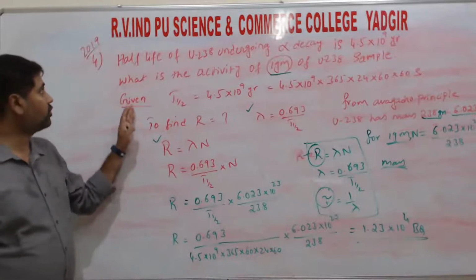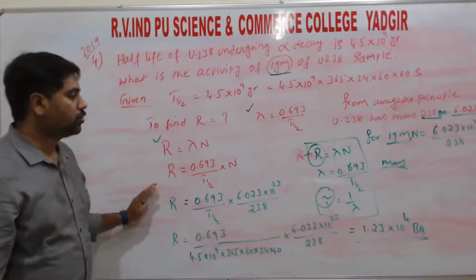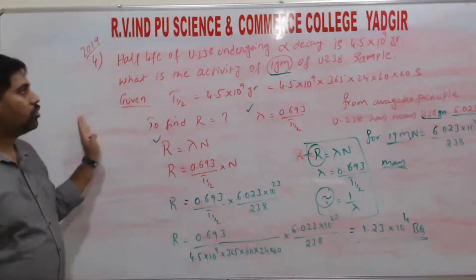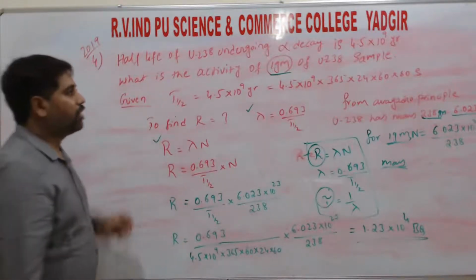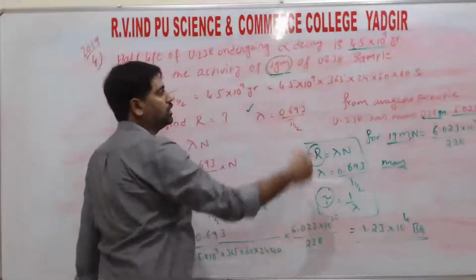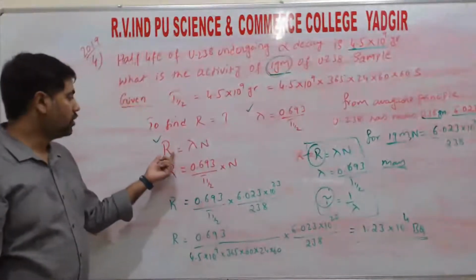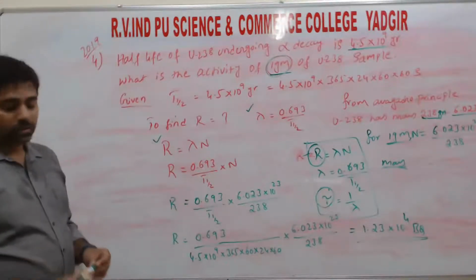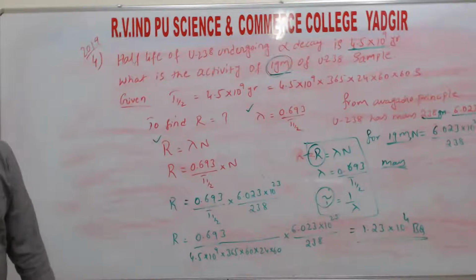So on this topic we solved four problems. All are different problems, right? Almost nearer to one another. They may change the value of this one or this one, and then they find R and decay constant lambda, right?